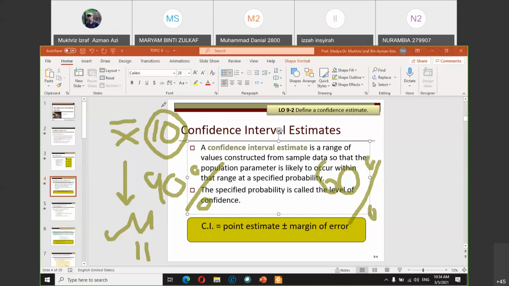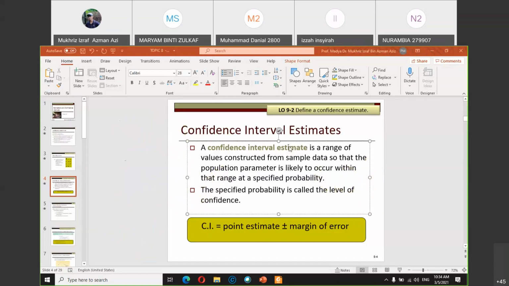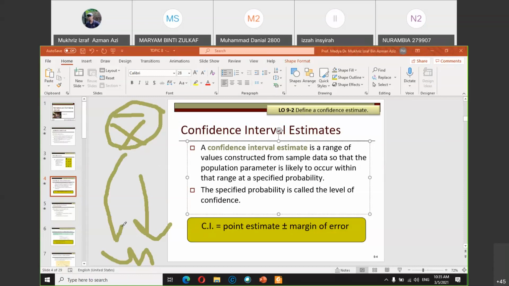So the same goes for our concept of confidence interval. Whenever you calculate x bar, which is supposed to represent the mu, at the end of the study you can determine how confident you are of how close this x bar is to mu.